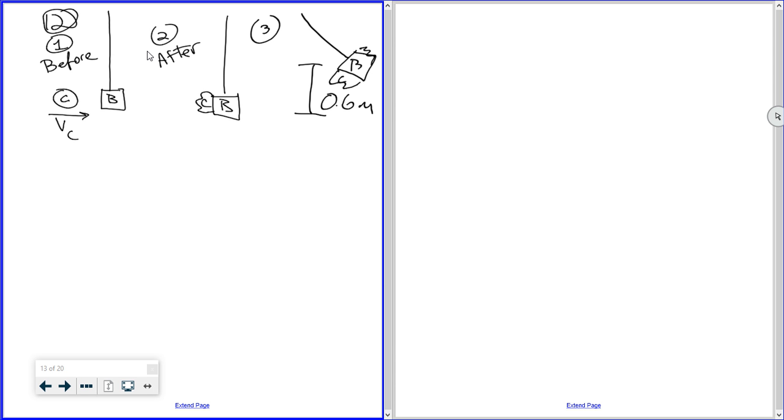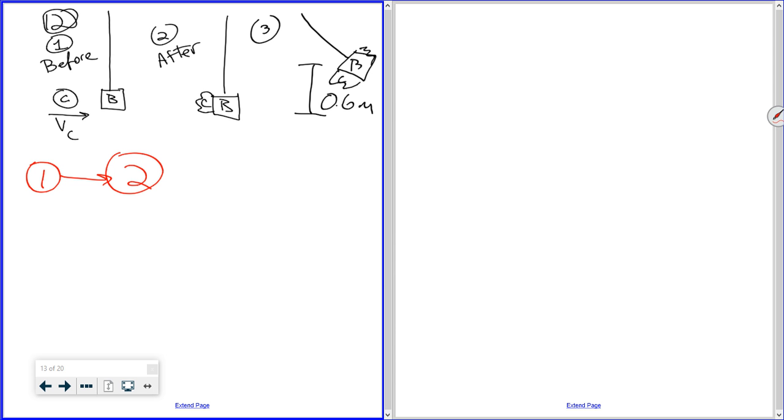Okay, so let's talk about what's happening. So as you go from drawing 1 to drawing number 2, which of my categories of tools am I going to be using? Is this about kinematics, forces, energy, or momentum? So if it was about kinematics, we would be dealing with information about starting velocity, ending velocity, acceleration, that kind of stuff.